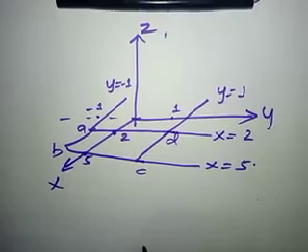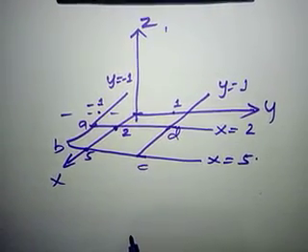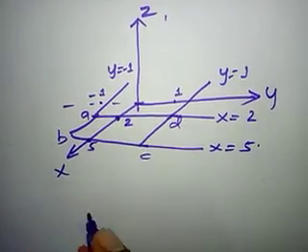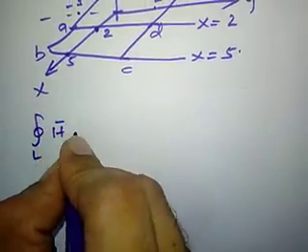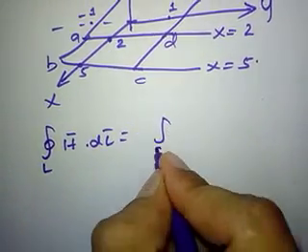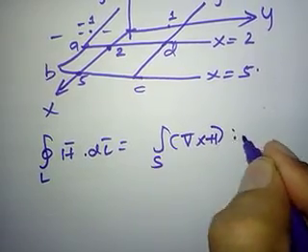According to the Stokes theorem, we are asked to evaluate both sides of Stokes theorem. That means you have to find both LHS and RHS of the Stokes theorem. Stokes theorem is given as closed line integral of h bar dot dl bar is equal to surface integral of del cross h bar dot ds bar.